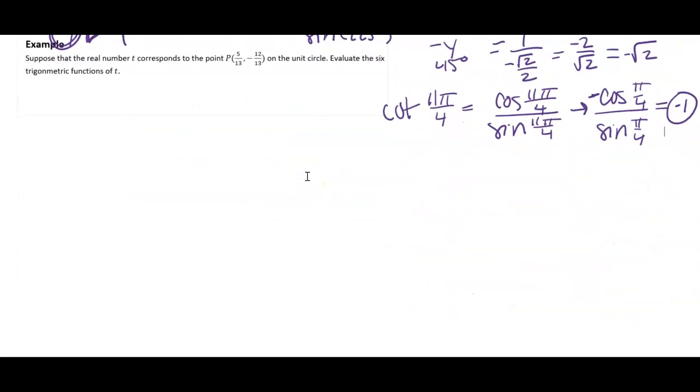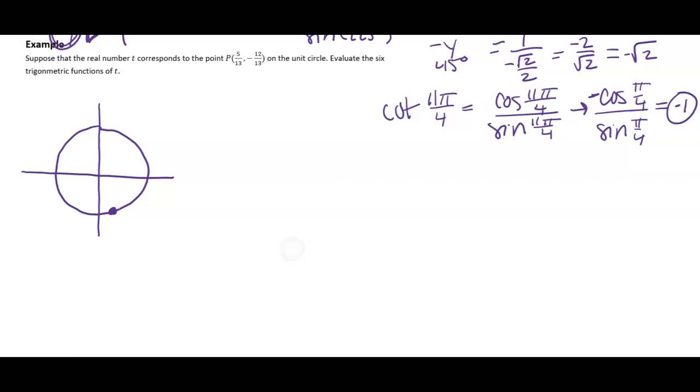All right, let's look at one more example, kind of a different type of question. Suppose that we have some real number t that has a point on the unit circle where x is positive 5/13 and y is negative 12/13. So probably somewhere here because your y is 12/13.